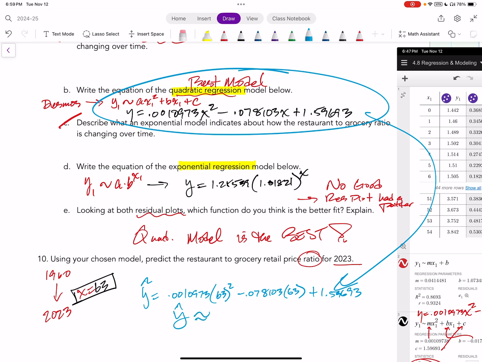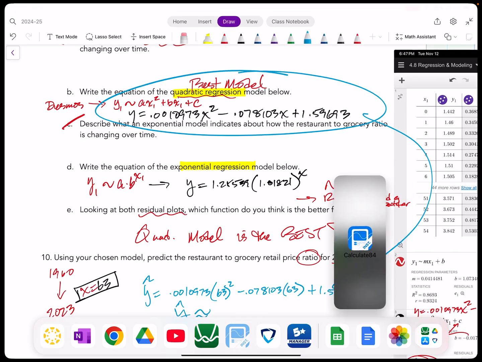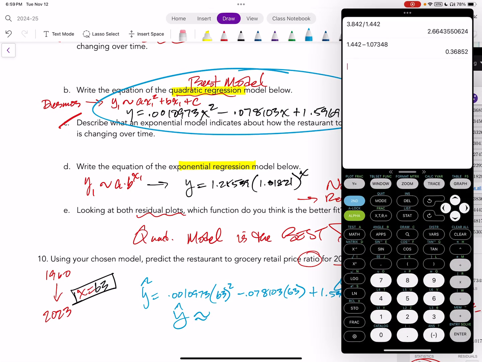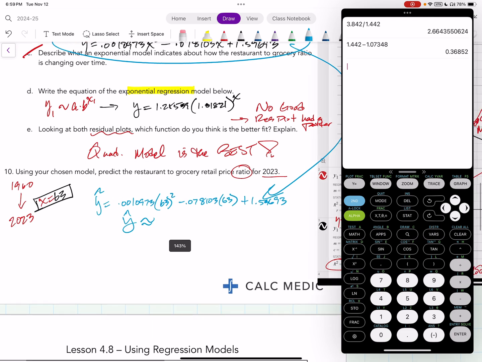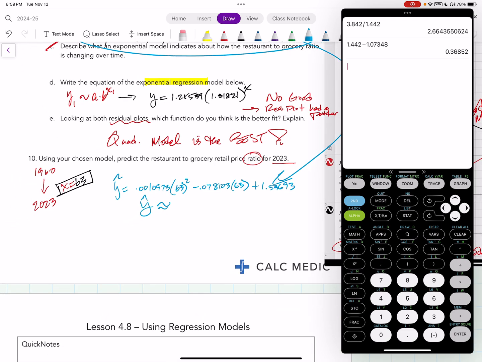So what is this approximately? Bring up your calculator, and this is the last thing we're going to do, and then I'll do the rest in the next video, part 2. So we just type it in: 0.0010973 times 63 squared, minus 0.0781303 times 63, plus 1.59693.